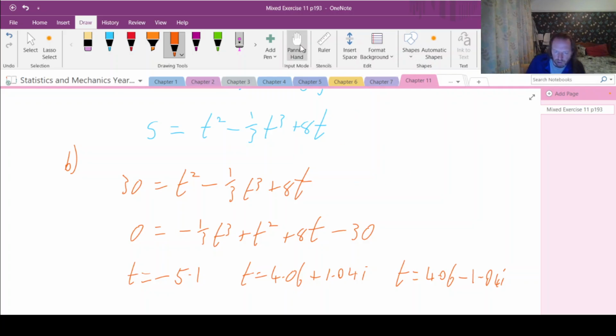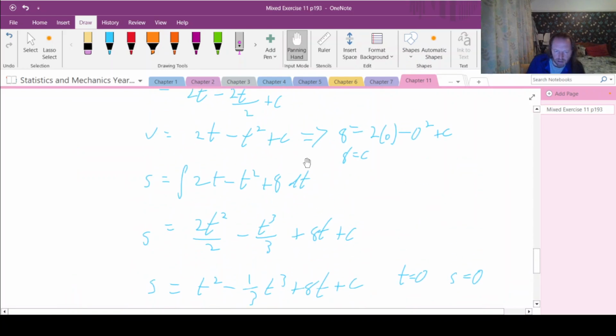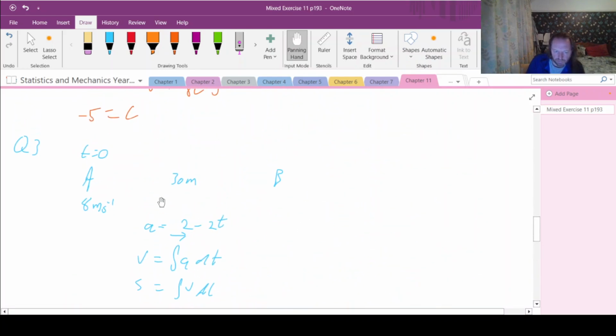We could also look at the idea that as the acceleration comes through here, we do have a velocity, and we could look to see how many meters it is until the velocity comes down to 0.